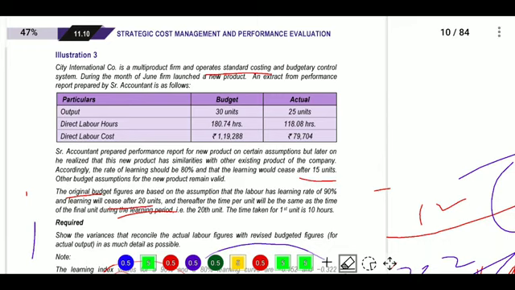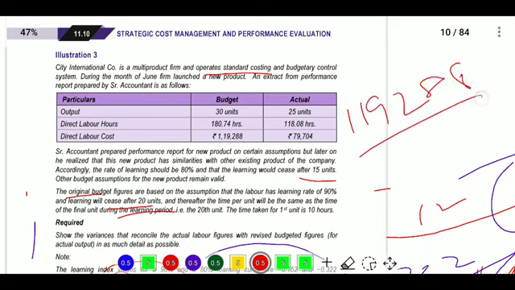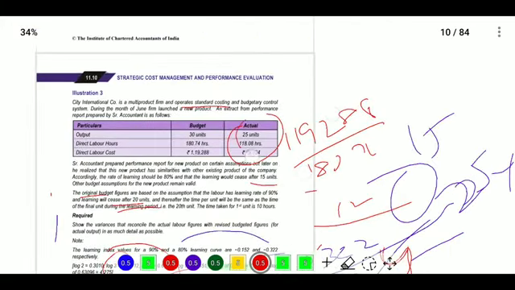How much was the direct labor cost provided? Direct labor cost was 119,288 divided by how many hours he has taken, 180.74, and here we will see the actual rate 79,704 divided by 118.08, and we will get the hours. Here we will get 675 for this one, and for this one we will get 660. We will get the hours.